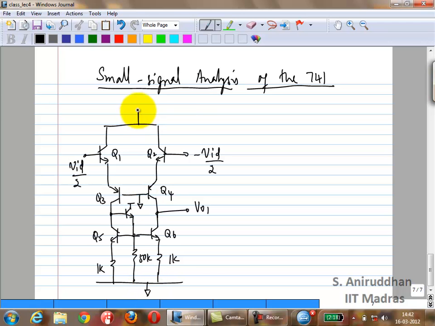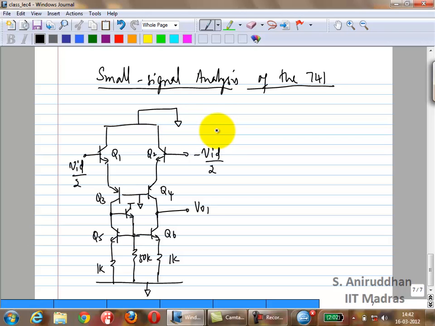What do you do with this side? If you assume a perfectly differential case, you can ground it. In reality, it is not perfect ground. There is still some difference between the two sides, but we'll assume it's ground right now.